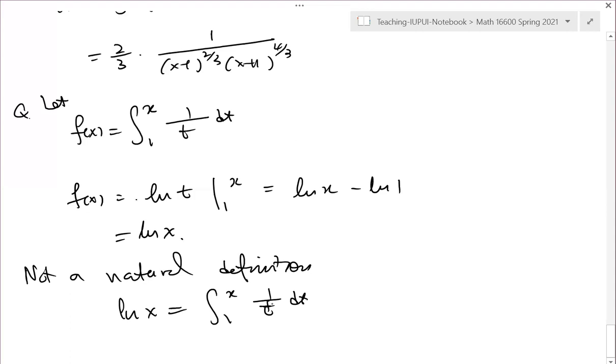We define the natural log function to be the inverse to the exponential function first, then we derive this formula. But you can also use this one as an equivalent definition.